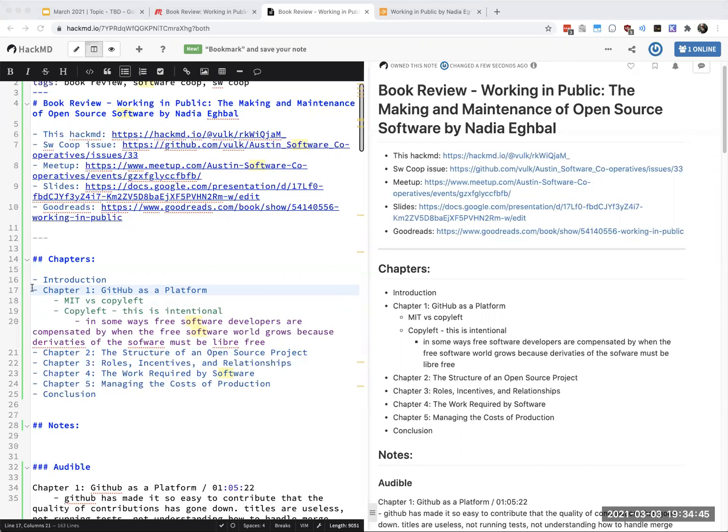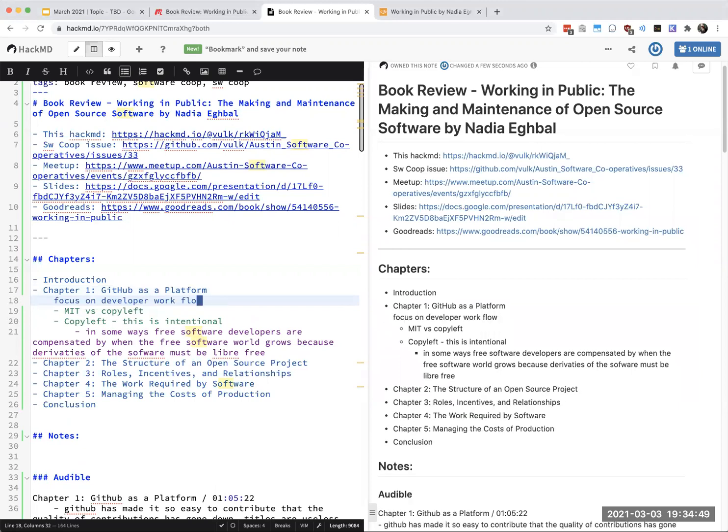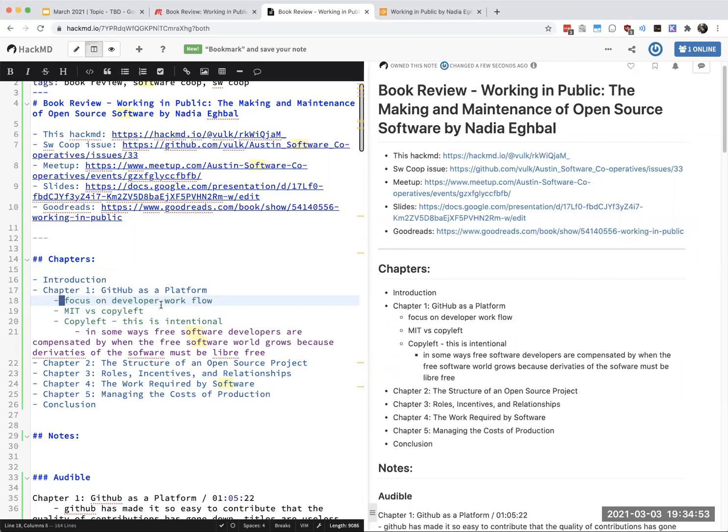And let's see, I'm going to just drop some of these in here. Chapter 1, let's get through. And let's see, as one can imagine, yep, more on copyleft. I don't need to copy all these, I kind of talked to it.